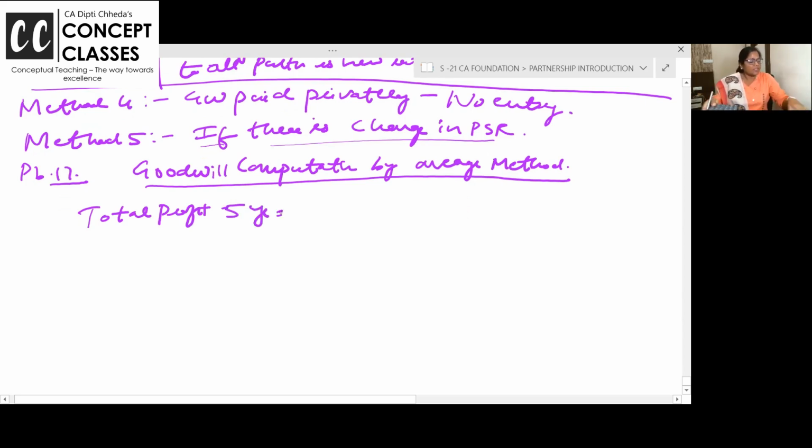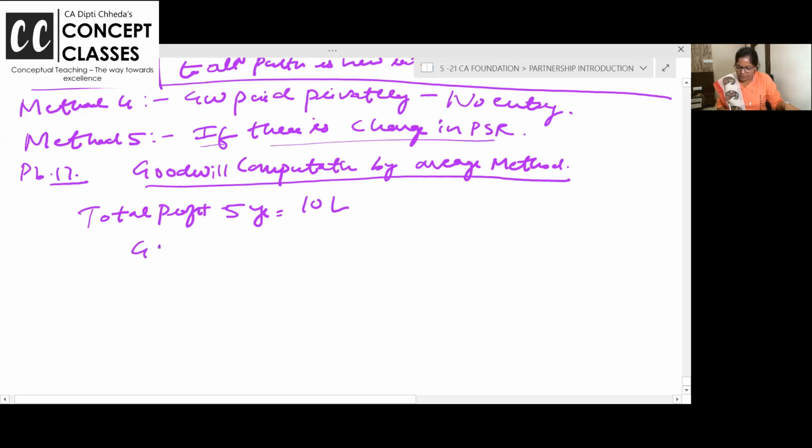Total profit, loss, all. 1,20,000 plus 3 lakh plus 3,40,000 plus 3,80,000, and last year there is a loss of 1,40,000. So it's coming to 10 lakhs.